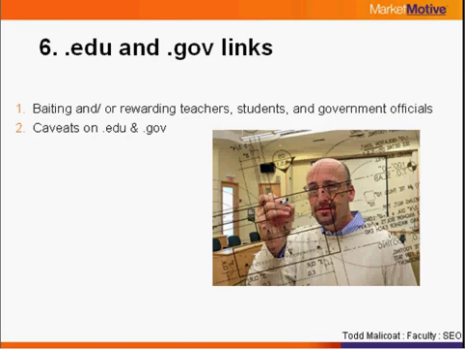So the caveat here is that not all edu and gov links are going to pass rank, for one, and for two, that it's going to depend probably on the age of the site. If you go out and just put new stuff up on an edu or .gov site, it's going to take a while to amortize and actually pass some rank.